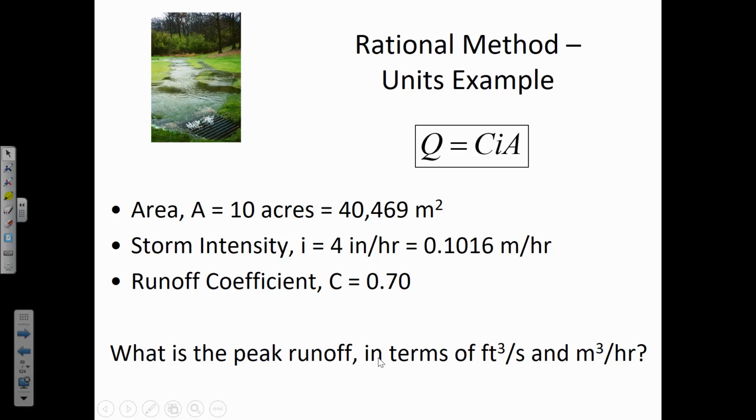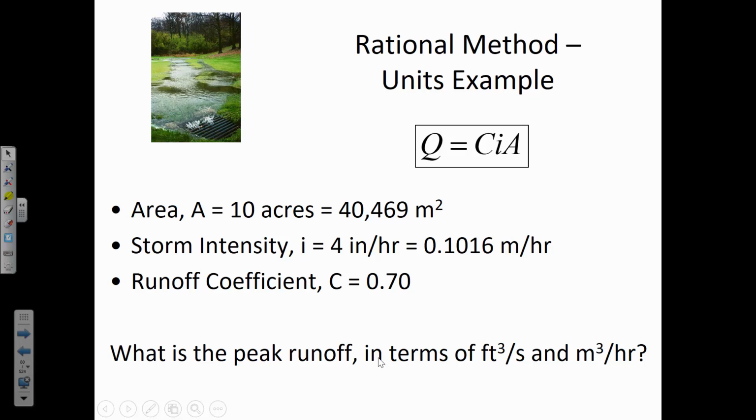Those first few raindrops, maybe none of those are going to be running off because the surface has to become wetted down. We'll talk a lot about these initial abstractions that have to be satisfied before the peak. But this Q in the formula, maybe it would be even more accurate if we said Q sub peak.